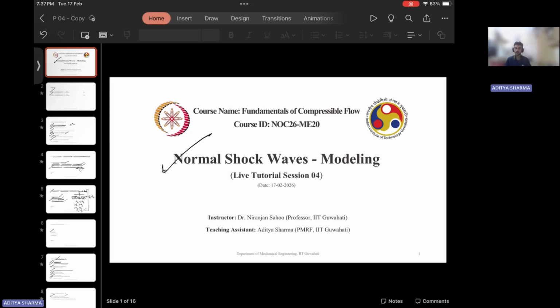Then your total temperature remains conserved or constant, but your total pressure decreases across a normal shock wave. Okay, which means there is loss in total pressure across a normal shock. Then about entropy. So entropy increases across a normal shock wave. Okay. So there are two relations that have been presented. And then questions we saw, the questions related to this lecture. So this is it about today's session.